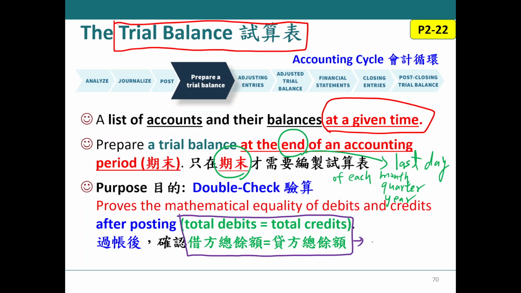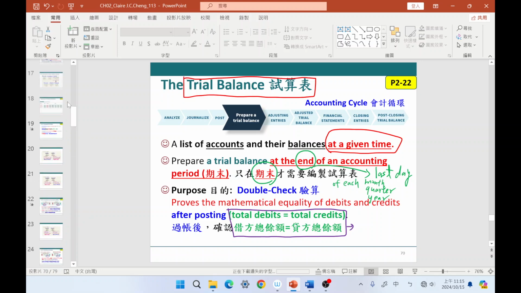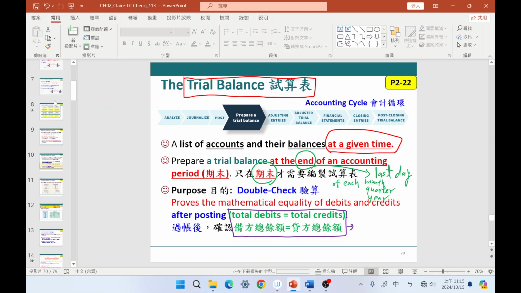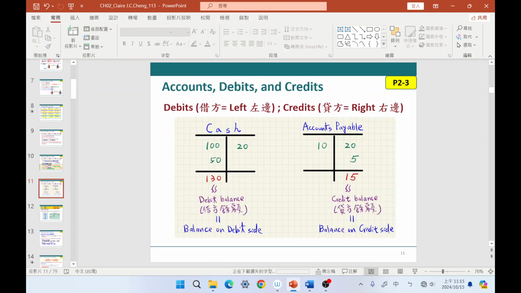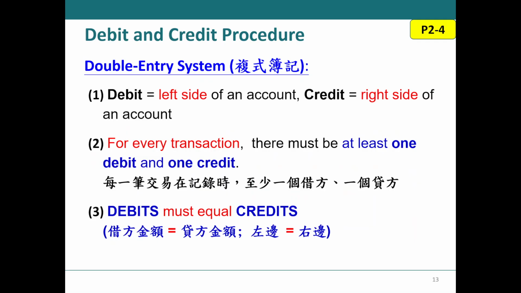We talked about this on page 13 of your slide. Page 13. Remember? Double entry system, 复式簿记. We mentioned this is the accounting rules. We use it to double check.